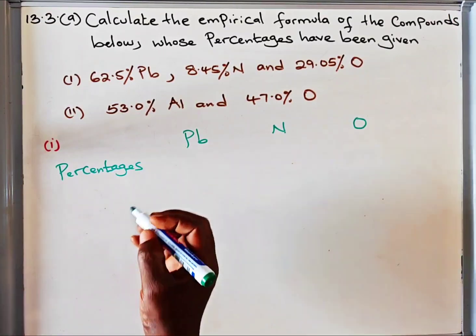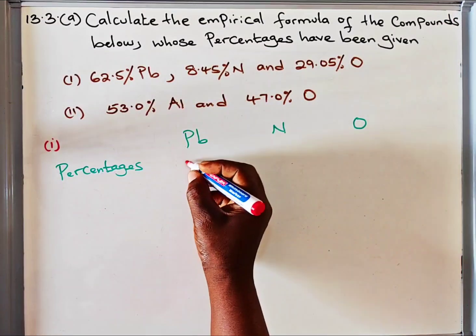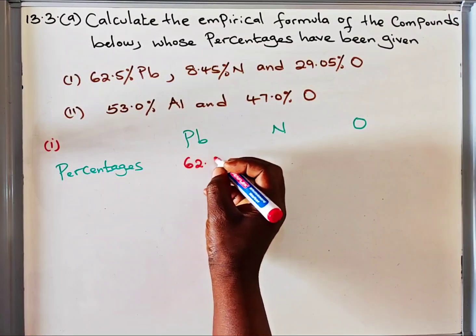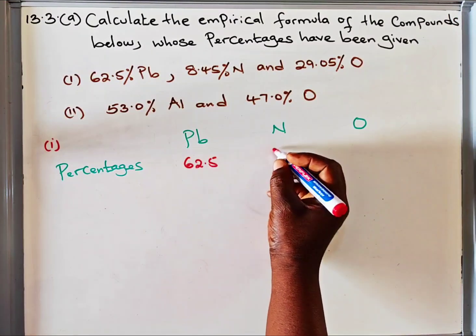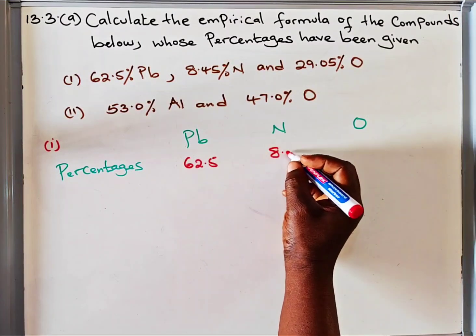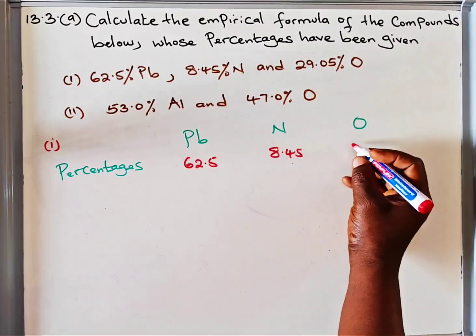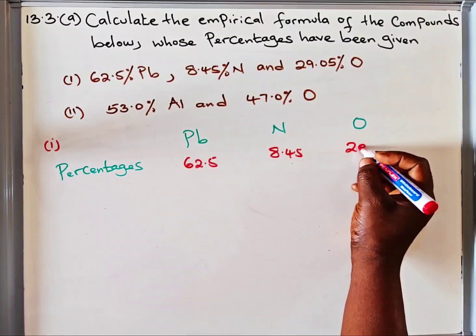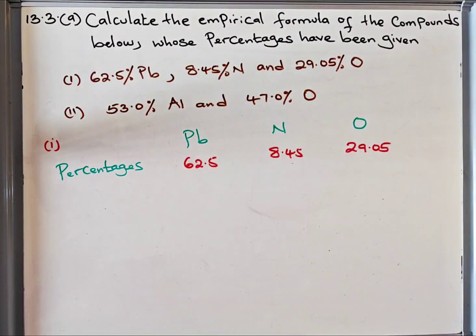For lead it is 62.5. For nitrogen it is 8.45, and for oxygen it is 29.05. Okay, that's what we have.